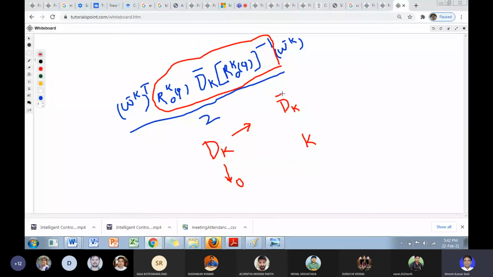Here it can be represented by rk 0 inverse and rk 0. It means whenever we have the problem to calculate the inertia tensor with respect to the kth coordinate, then we have to have information about the orientation matrix of the kth frame with respect to the base frame, and the inertia tensor of the kth frame.